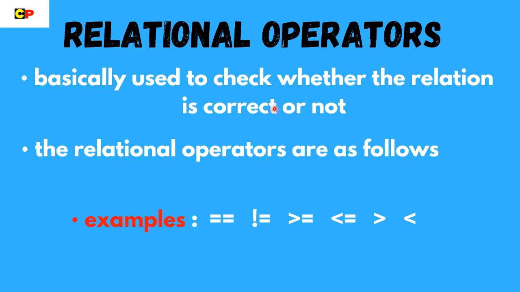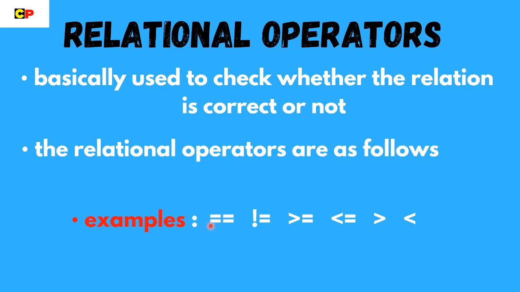Suppose you have two numbers A and B, and you want to see if A is equal to B, then you will be using a relational operator. Now talking about the examples, the relational operators are as follows.